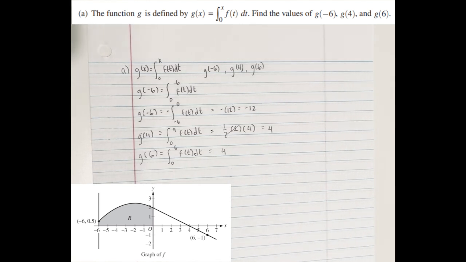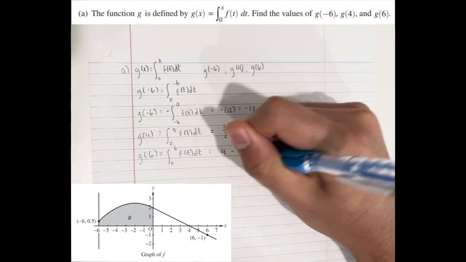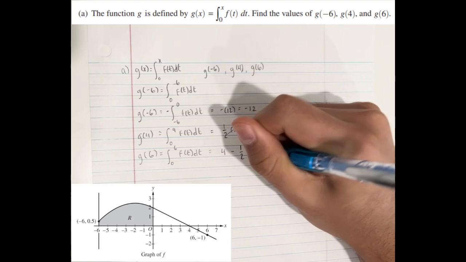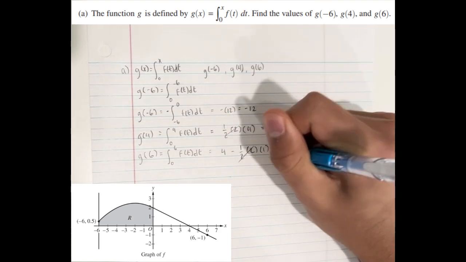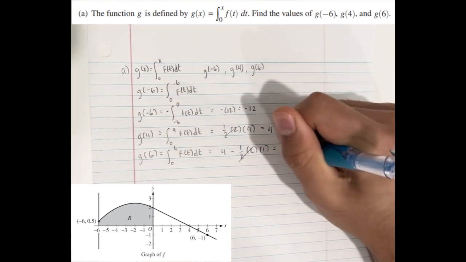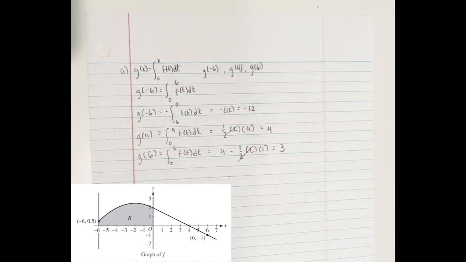The area below the x-axis from 4 to 6 is a triangle with height 1 and base 2. So 4 minus 1/2 base times height equals 4 minus 1, which equals 3.